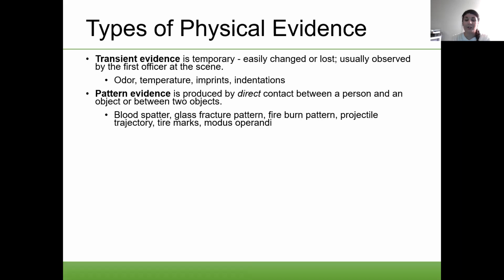A fire burn pattern, which would be based off of where the fire was in the property or area. Projectile trajectory, so like bullet marks, a bullet hitting a wall, or a bullet hitting a person too.